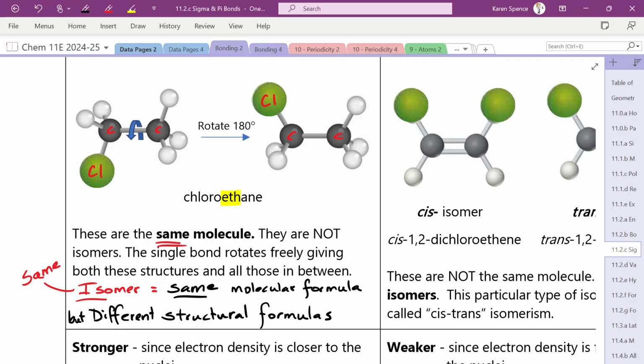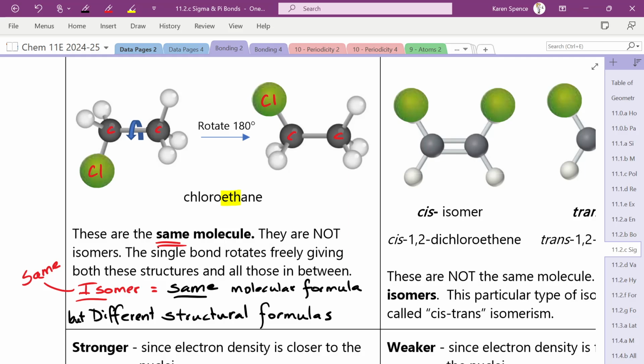So you might have 2 structures that look slightly different, but if you realize that rotation can occur around this bond, these are actually just exactly the same thing. We've just had rotation around that bond. So those are not isomers.